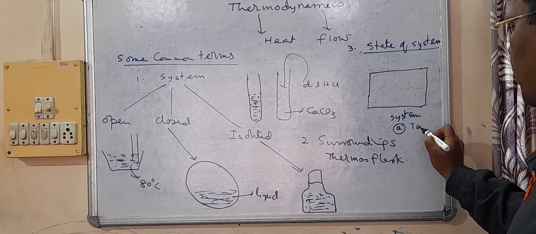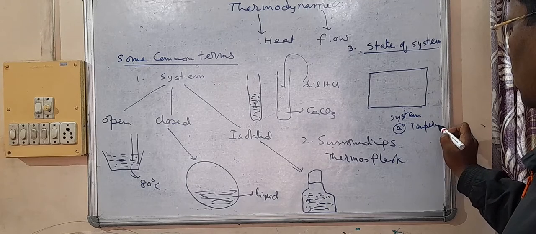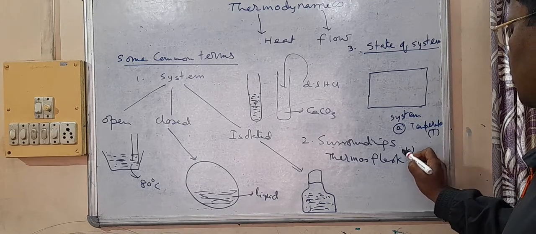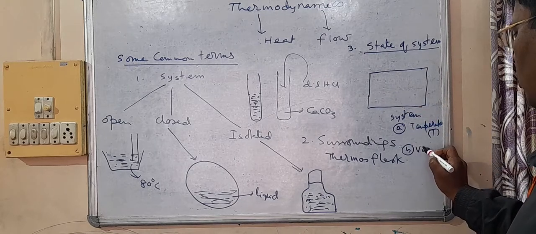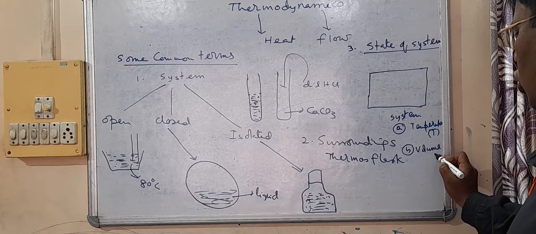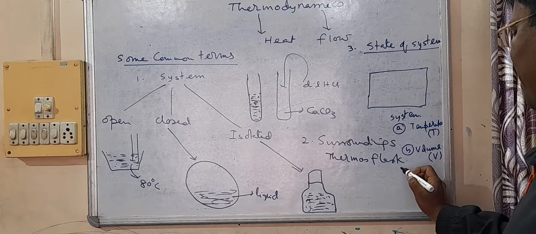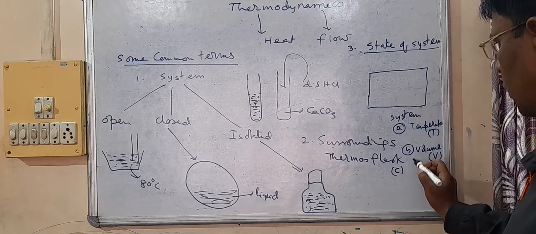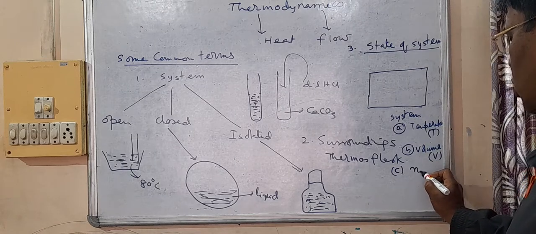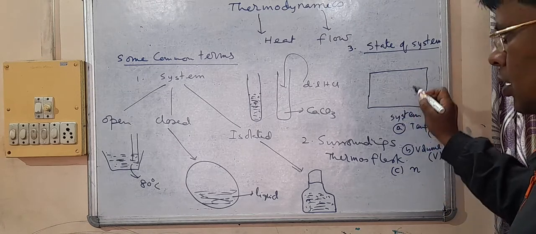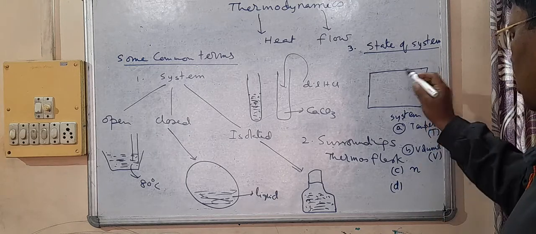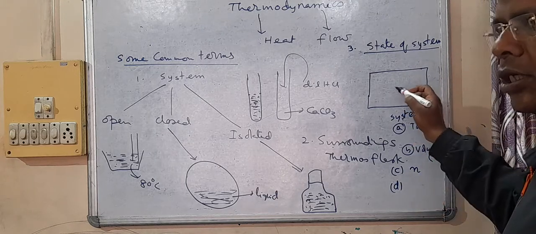For example, we have to know its temperature. Say we have to know the volume of the system. We have to know the number of moles present here. We have to know pressure. Suppose it is a gaseous system.